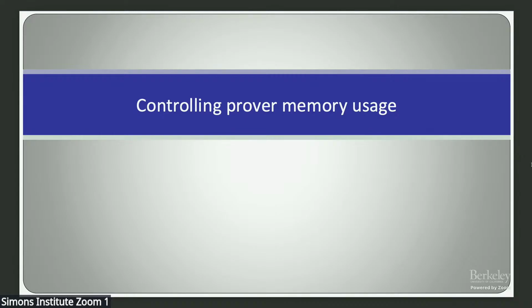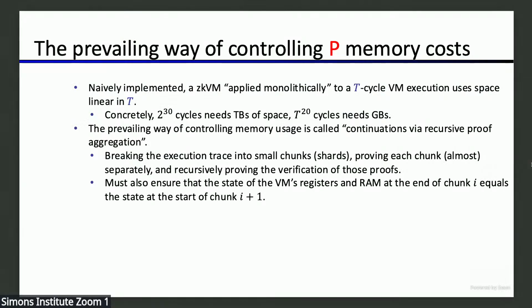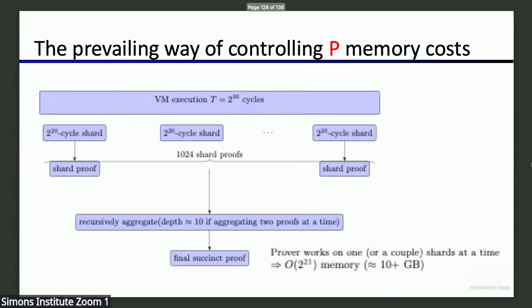Another benefit of Twist and Shout: remember, the sparse sum check proving algorithm is consistent with the streaming, small-space prover. Today people control prover space by breaking long VM executions into small pieces, proving each piece separately, and aggregating the results.